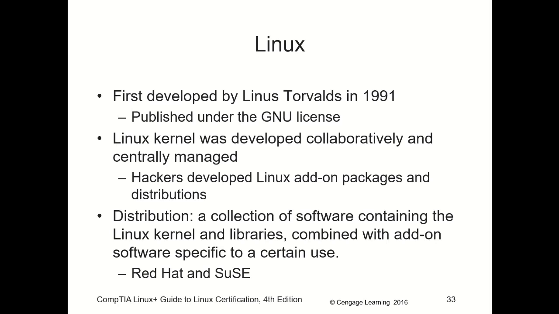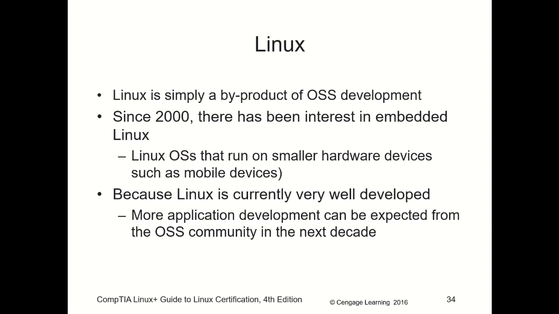You can have Mint Linux, you can have Kali Linux, and there are others like CentOS. Multiple versions. So Linux is simply a byproduct of open source development. Since 2000, there has been interest in embedded Linux operating systems that run on smaller hardware devices like your phone.